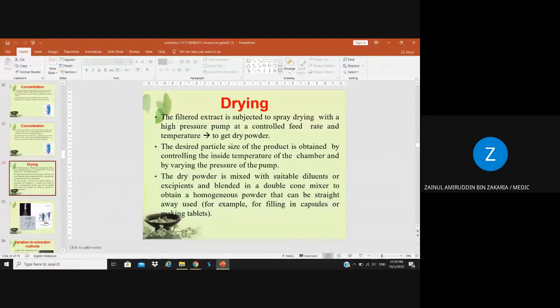So once you have a dry powder, you have to dilute it using suitable diluents, okay, before you can prepare different concentrations of extract. So for example, if you are using a water extract, after you dry it using a freeze dryer, you get a powder form of water extract.